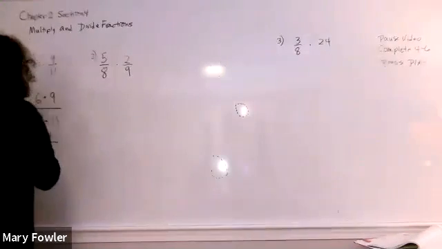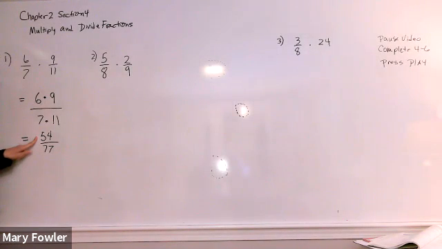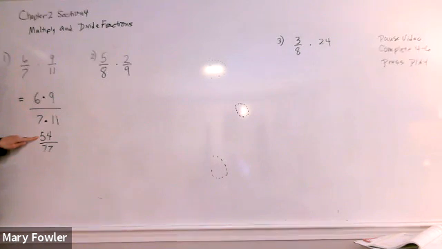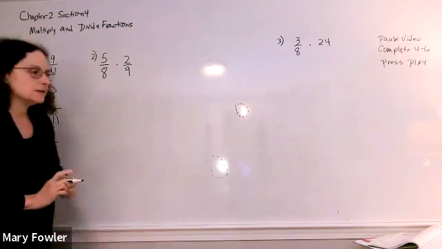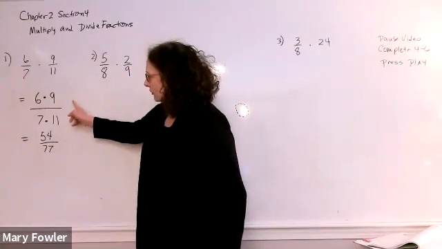So the next thing to check is if the number is in lowest terms. Are there any common factors between numerator and denominator that we can cancel? There are not, and one of the easier ways to see that is to look at the numbers that we actually multiply.